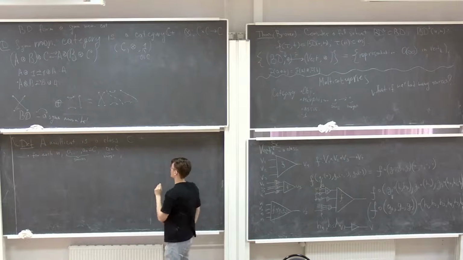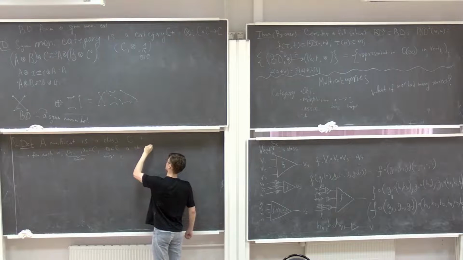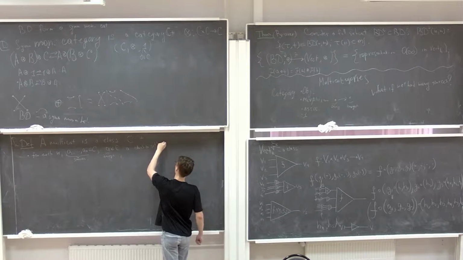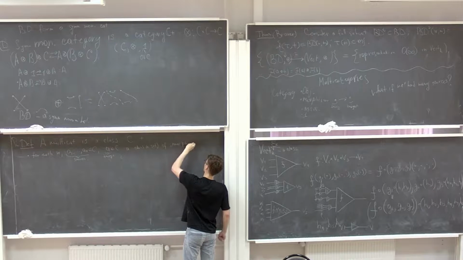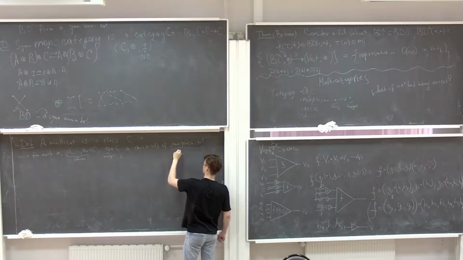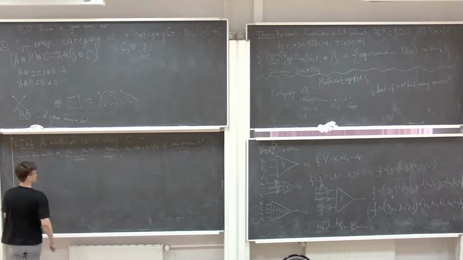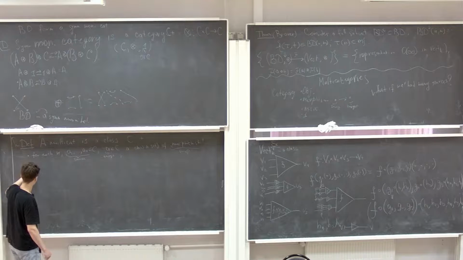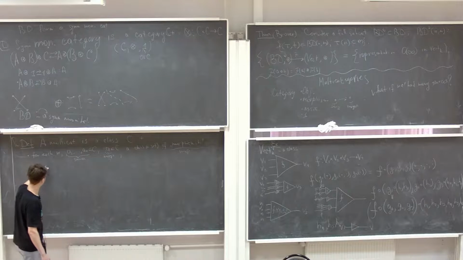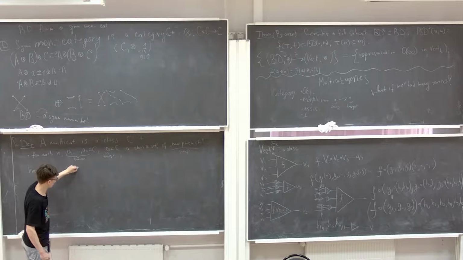Well, maybe a class or a set of morphisms. I think it's more traditional to call them maps. How do we define it? Well, maps of A1, and so on, An, and A.